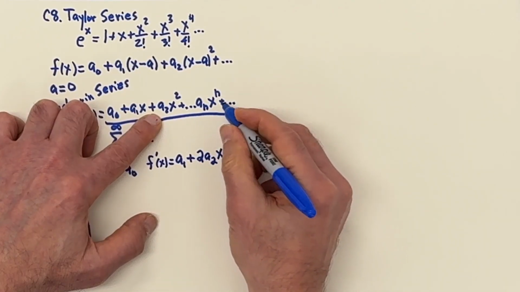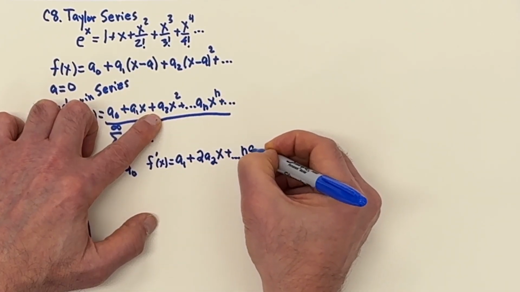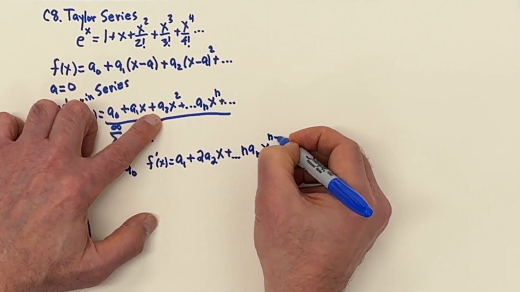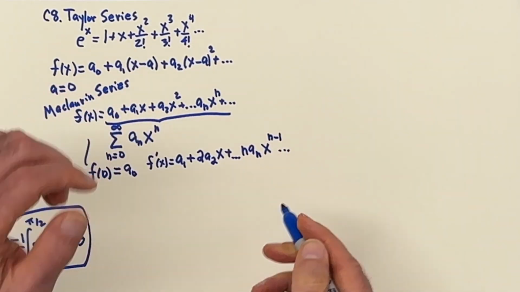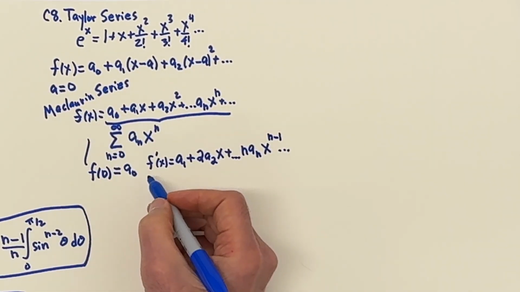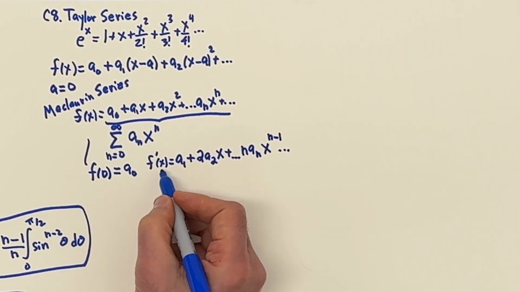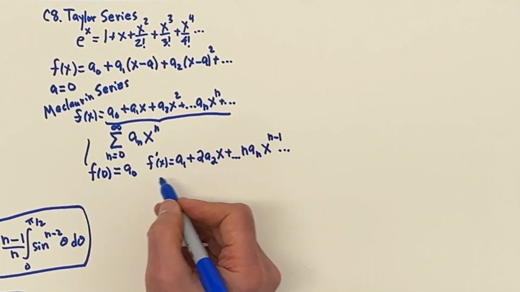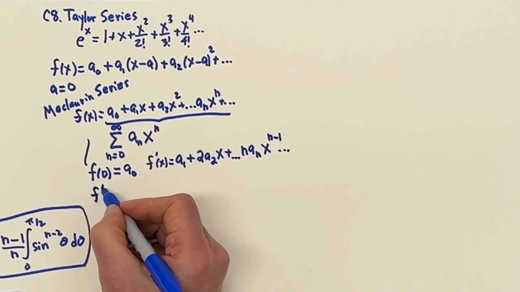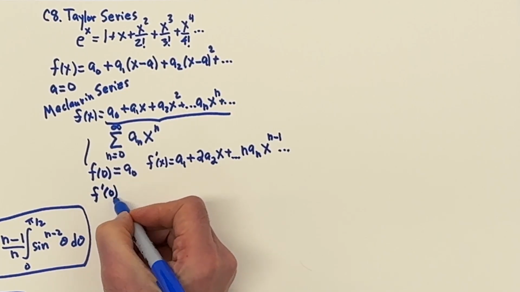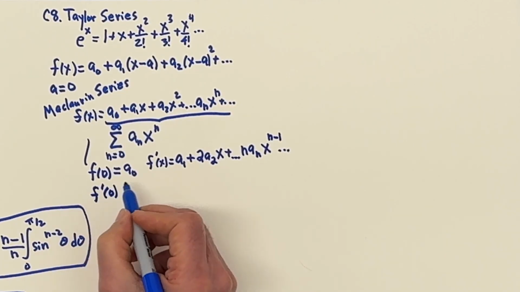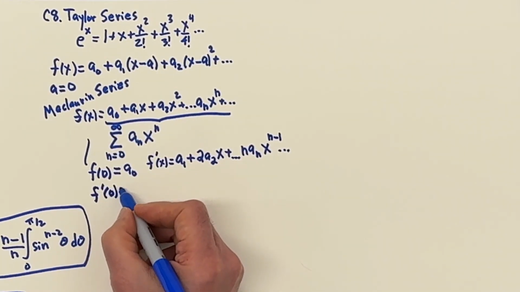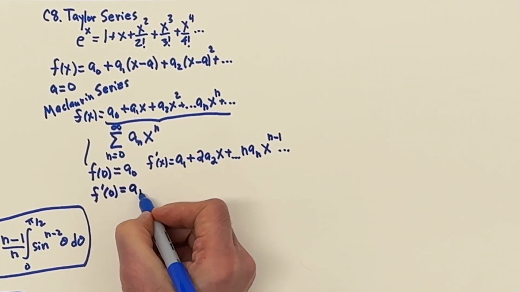And then here you would have n come down, a sub n, and then x to the n minus 1. But now you notice that if you put in 0 for the derivative, everything goes away except a1. So in other words, this means take the derivative first, then put in 0 and see what you get. And what you get there is a1.